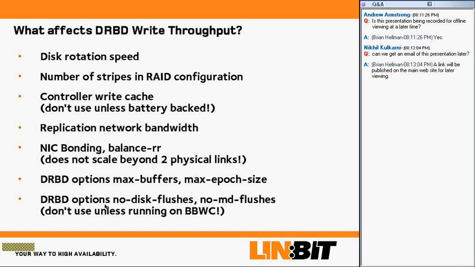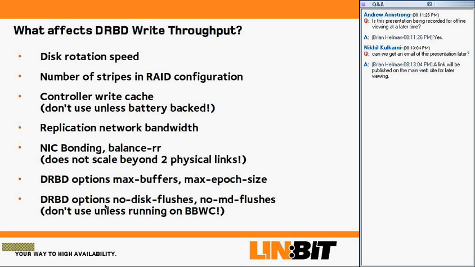Another factor that greatly affects write throughput is, of course, the use of a controller write cache. As you know, when you are using a write cache on your RAID controller, data that's being written to that RAID array is in fact written to the cache first, which then flushes that data at its discretion. Because you're actually writing to RAM rather than to a comparatively slow disk, and the controller can flush to disk whenever it chooses, you can make your storage subsystem a lot more effective in terms of throughput.